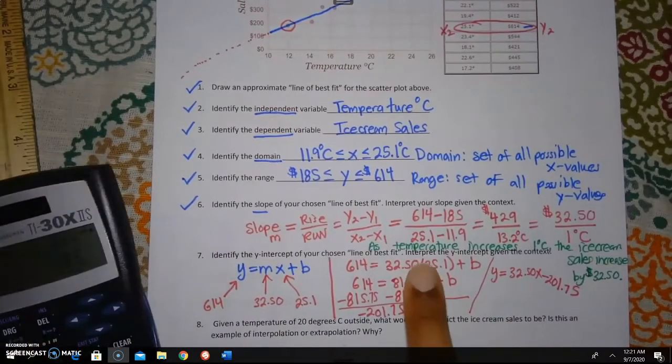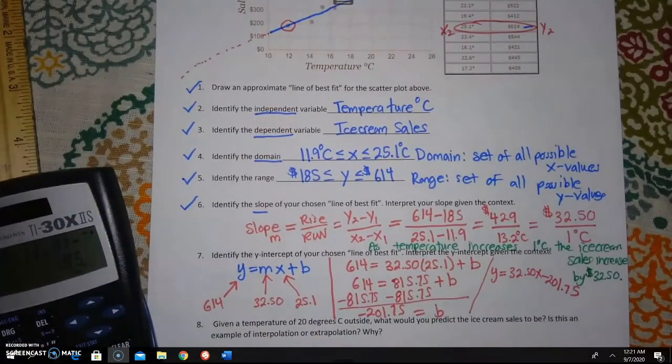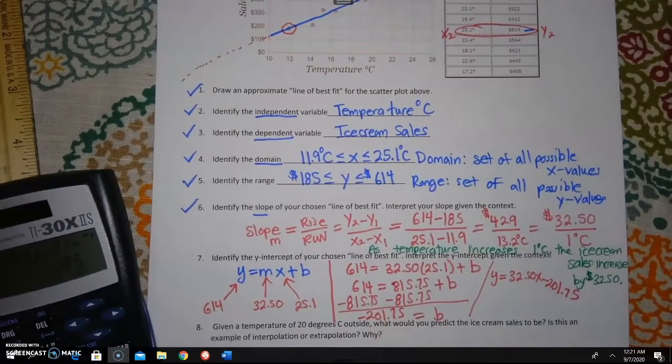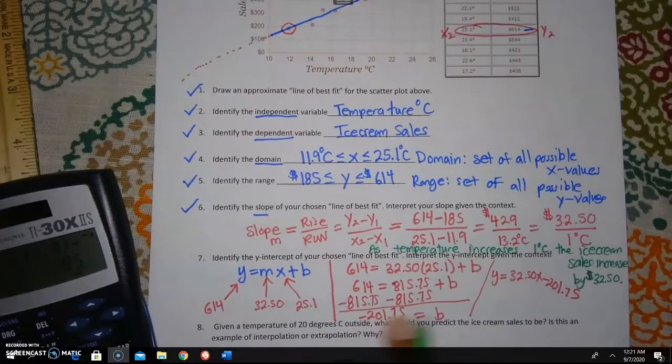Now, the question here says interpret the y-intercept in the given context. So in theory, this is kind of funny. This would be where x was 0. Now remember, x is the temperature.